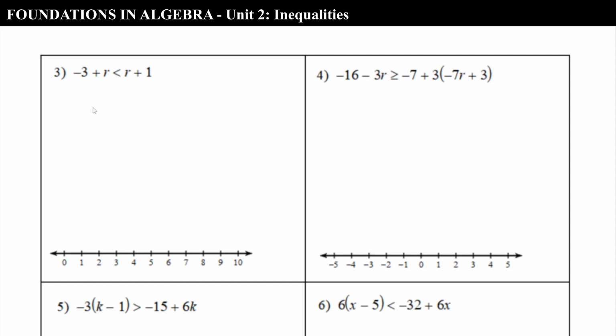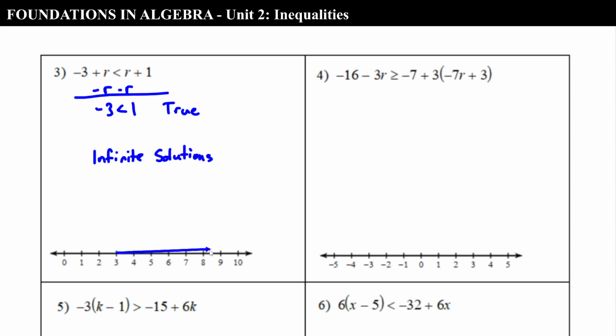Example 3, let's subtract r from each side. And when we do, we get negative 3 is less than 1. That is a true statement. Our variables went away and we end up with a true statement, which means we have infinite solutions. Now, when we have infinite solutions, we do graph on the number line, and your graph is going to look like this.